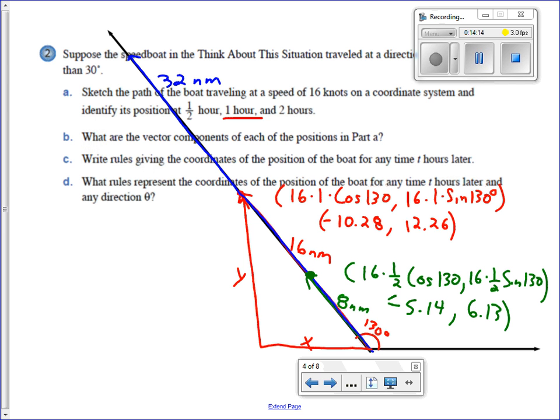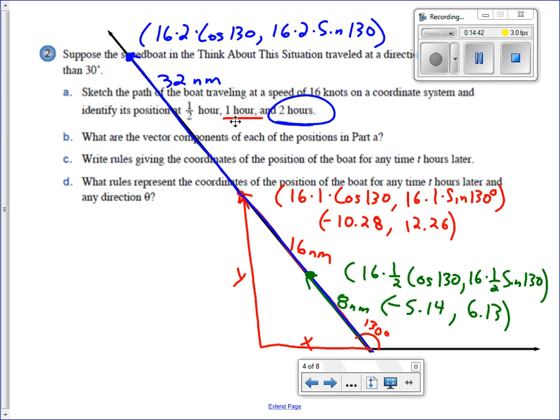Notice anything else? And lastly, the coordinates of this longer vector, the 2 hour vector, were 16 times 2 times the cosine of 130, 16 times 2 times the sine of 130. And we can come up with those values if we really need to.